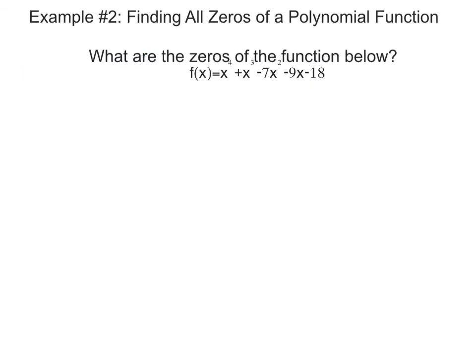All right, in example 2, we're still technically following the same process, except what you'll notice is now we're going to start running into complex or imaginary solutions. So here we go. We'll first start by finding the real zeros on a calculator.